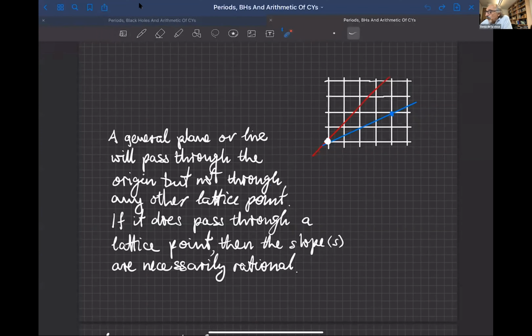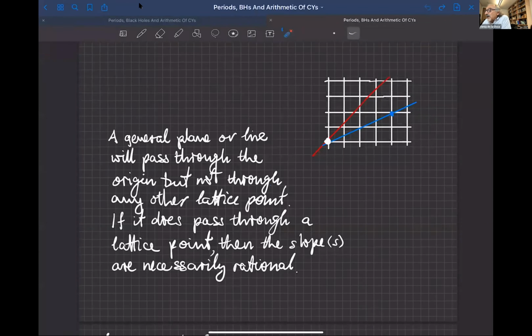And you can appreciate why, because suppose it does meet a lattice site, as in the blue plane here. So we've got a blue plane here, and this meets the lattice site there. Then you can see that the vertical projection over the horizontal projection is necessarily a rational number, because it's a certain number of sites up and a certain number of sites along.